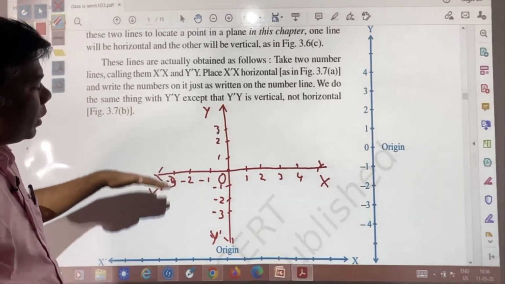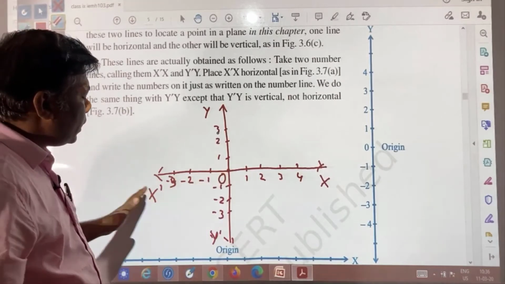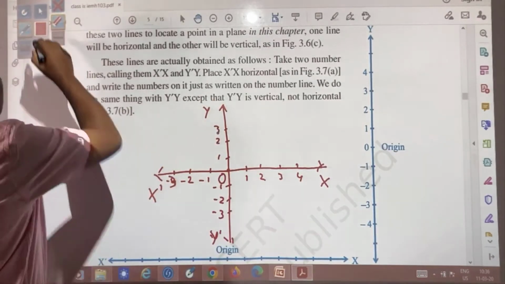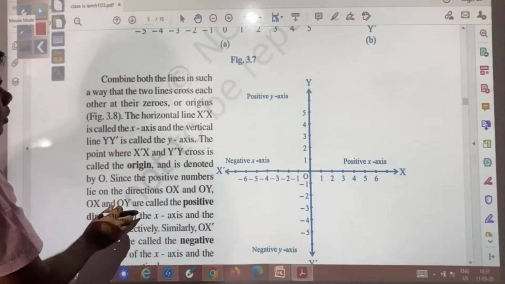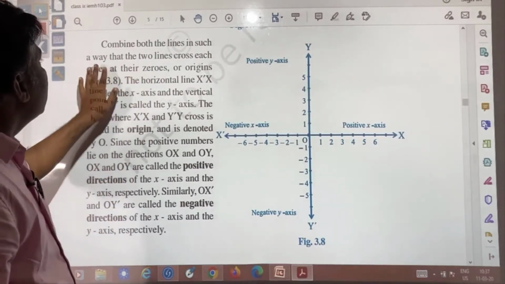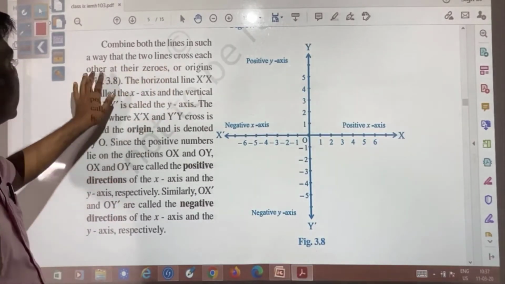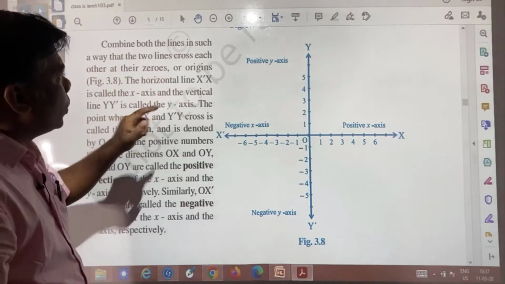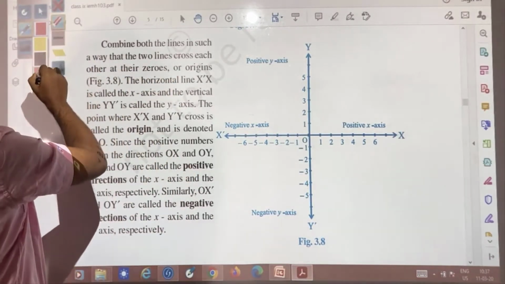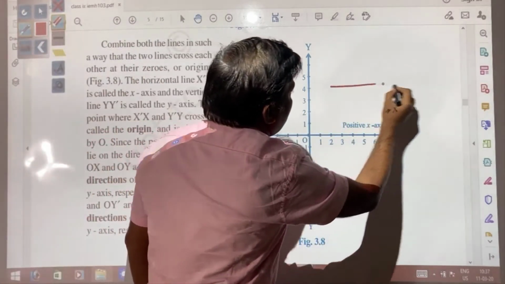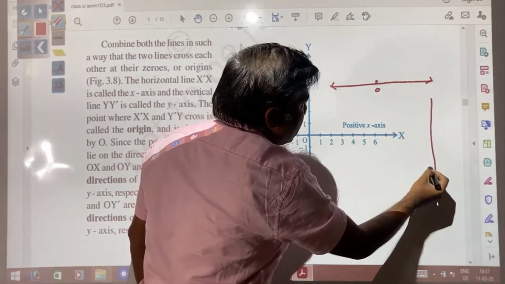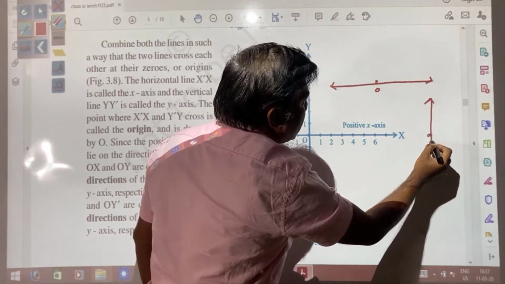So in this chapter we will see these two axes, the x-axis and y-axis, and where and how points will be located. Here you see, combine both the lines in such a way that the two lines cross each other at their zeros. We had taken a horizontal line, suppose this is 0, and this vertical line, suppose this is 0.